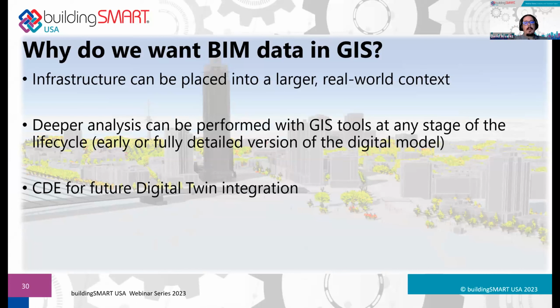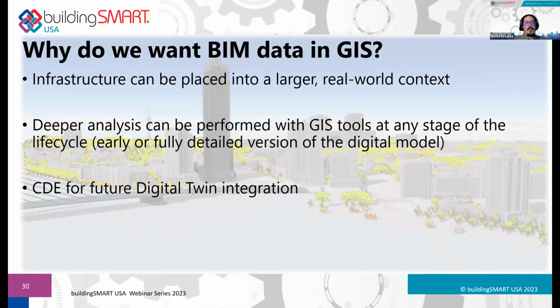So why do we want BIM data in GIS? First of all, infrastructures, as Posh mentioned, can be placed into larger real-world context. In this case, by infrastructures, I mean an airport, a building, a bridge, anything that is built.